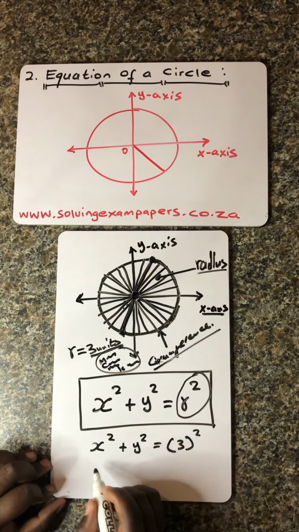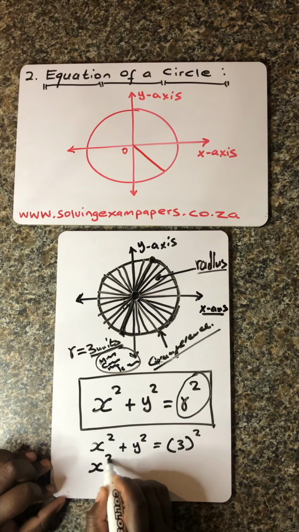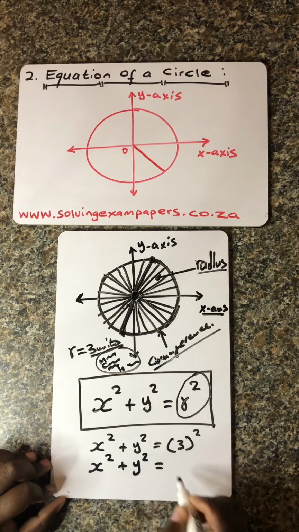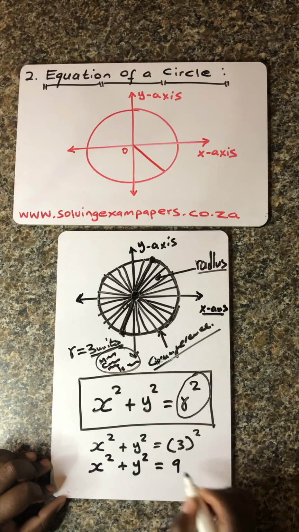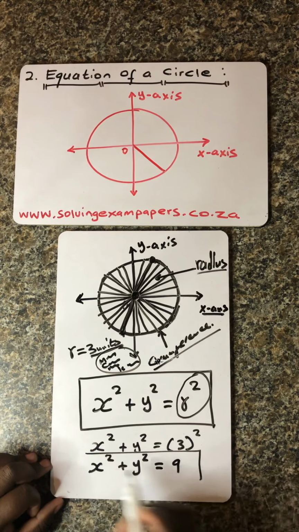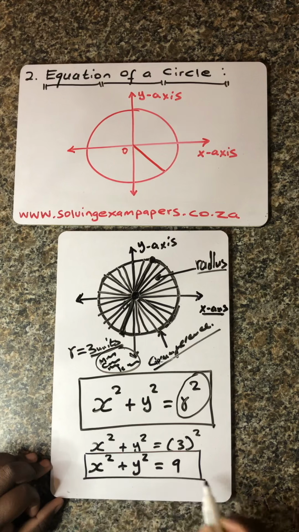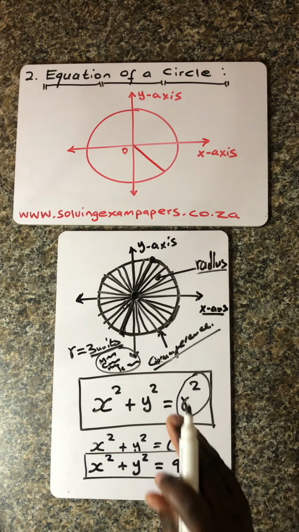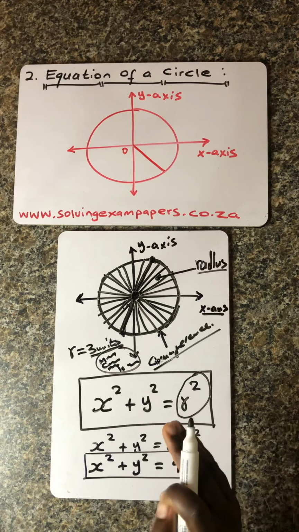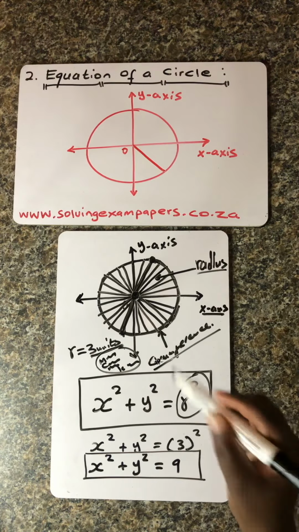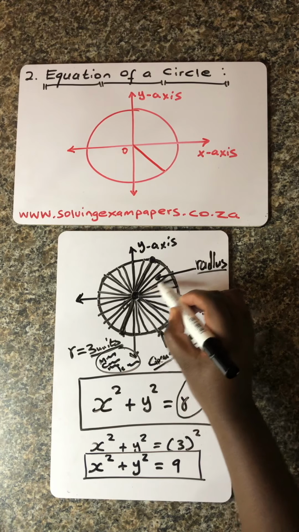That means we've got x squared plus y squared equals 9. So now this is an answer to our question, which says determine the equation of the circle with the center at the origin and a radius of 3.